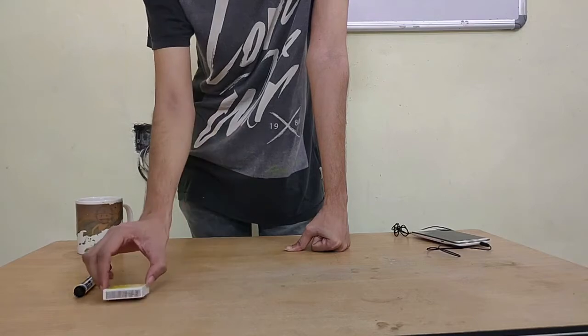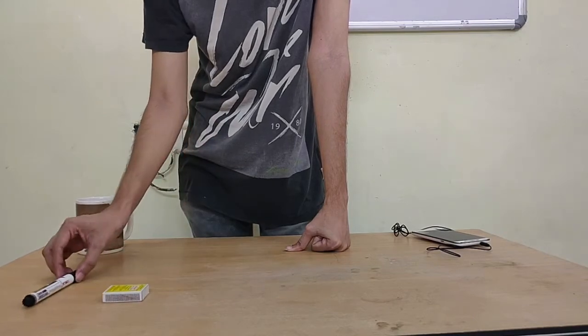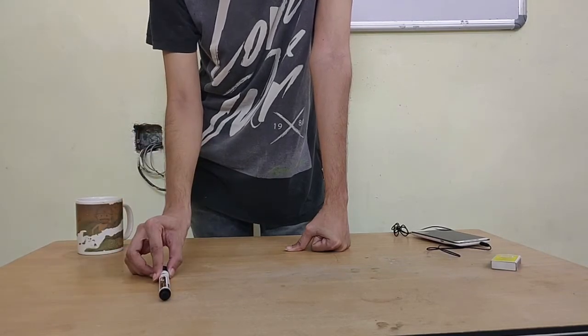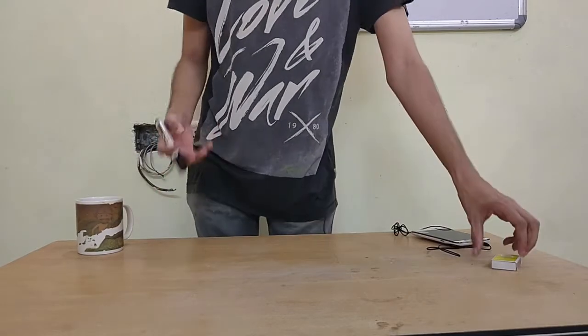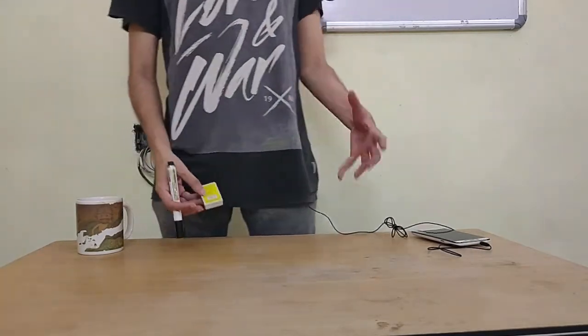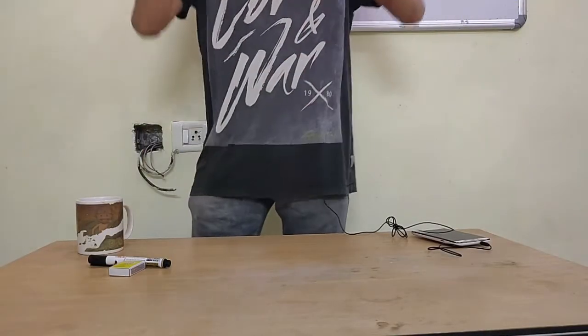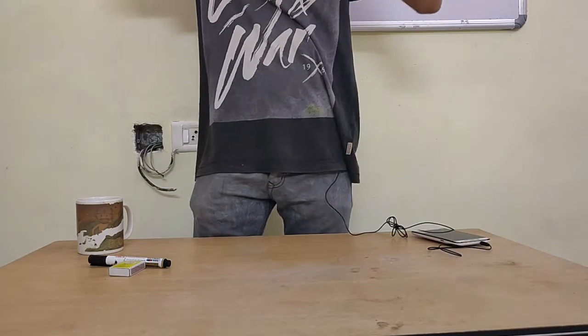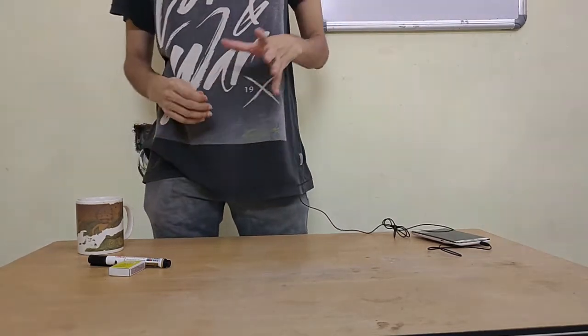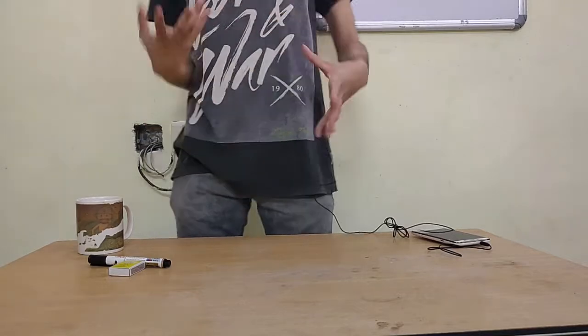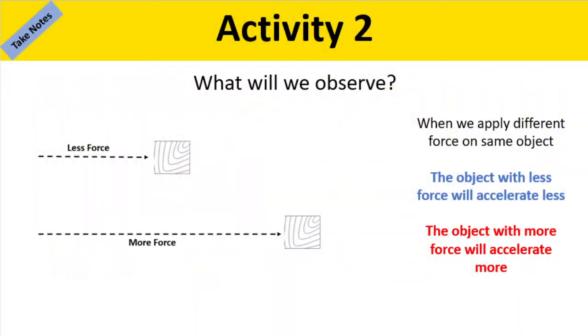Okay, there was a mild acceleration. Now I'm going to use a little more force, and there's more acceleration, right? It went much further and much faster also. So what that tells me is that if the force is bigger when the mass is the same, then the more the force, the more will be the acceleration.